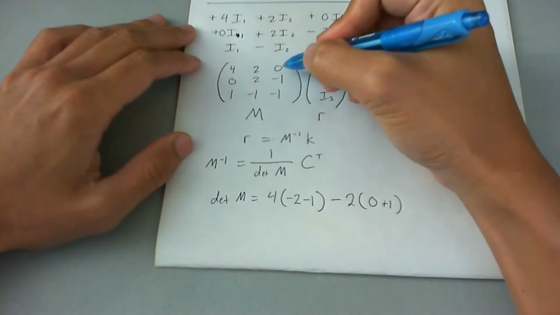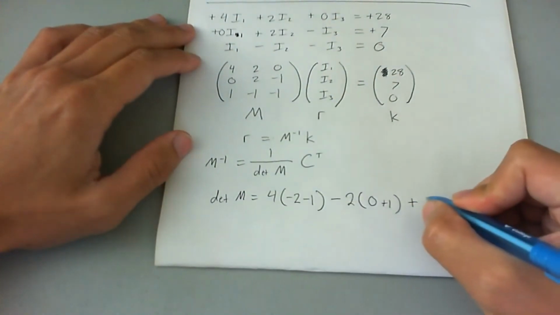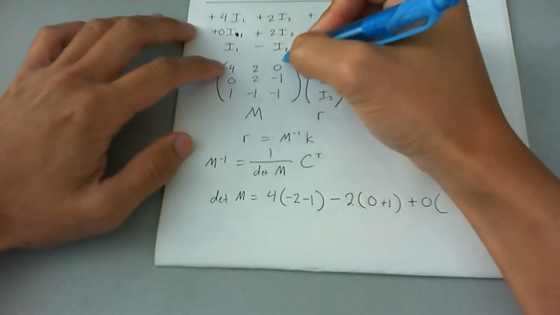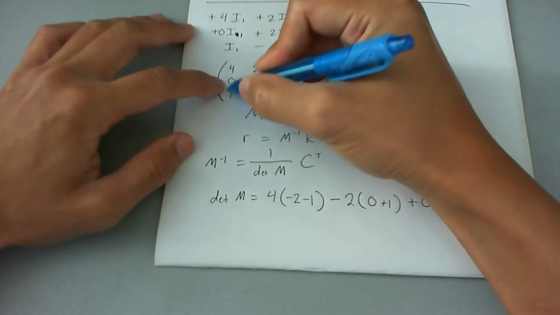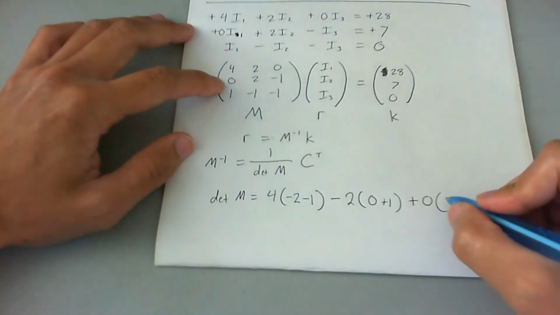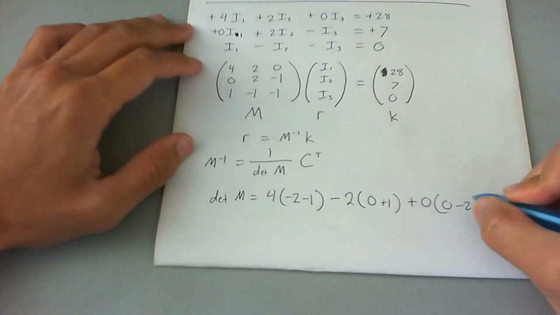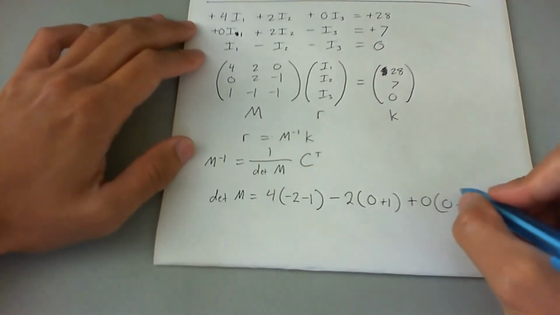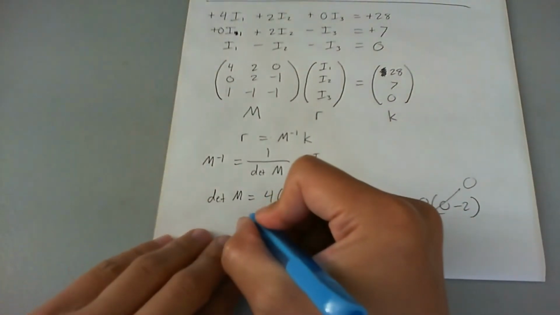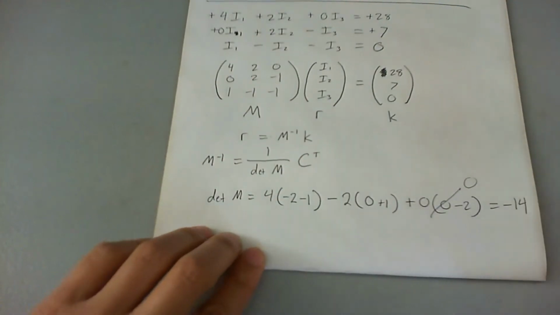Now for the third column in the first row, we're going to add 0 times the cofactor of that element, which happens to be with these four numbers: 0 times -1 minus 2 times 1. It really didn't matter since this was 0. I just wanted to show how that works. So the determinant of M is going to be one number, and that's going to be -14.